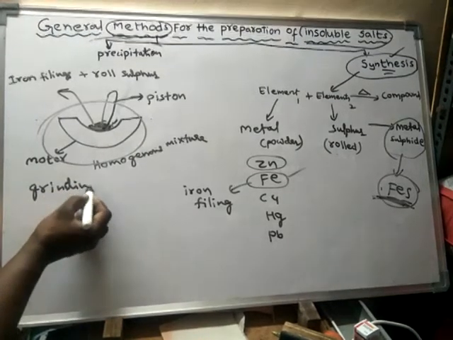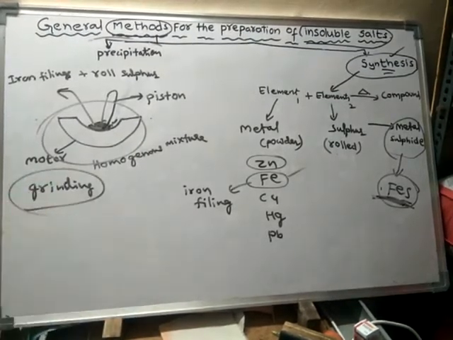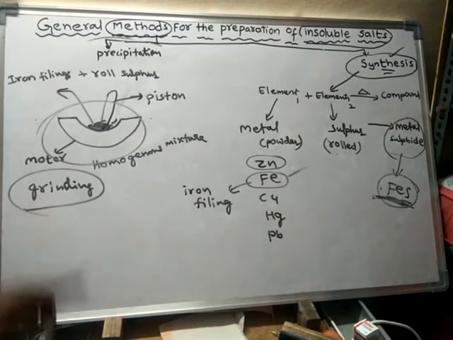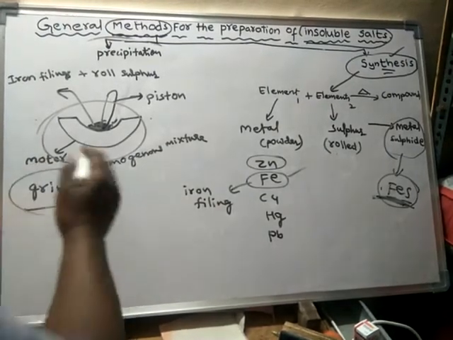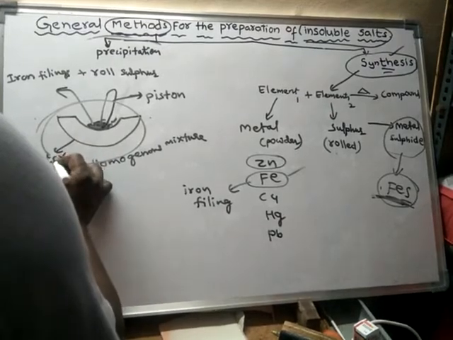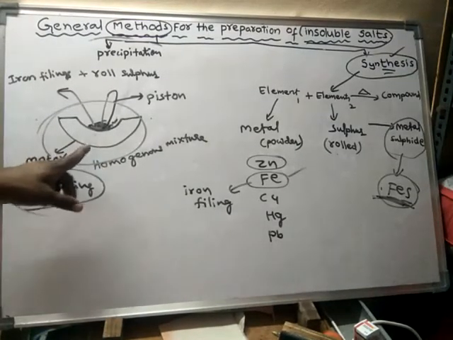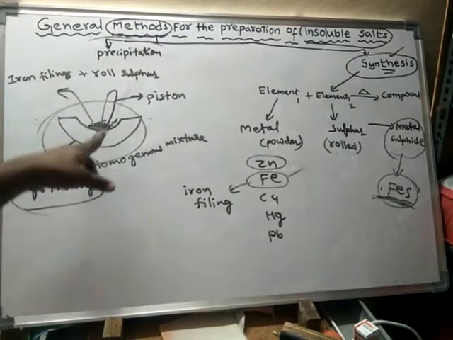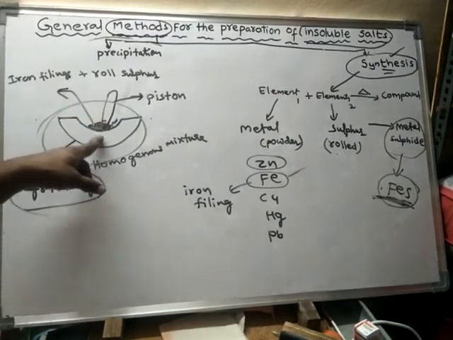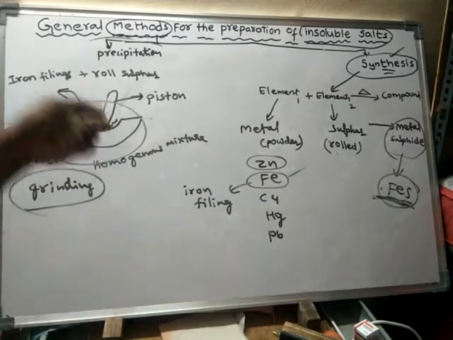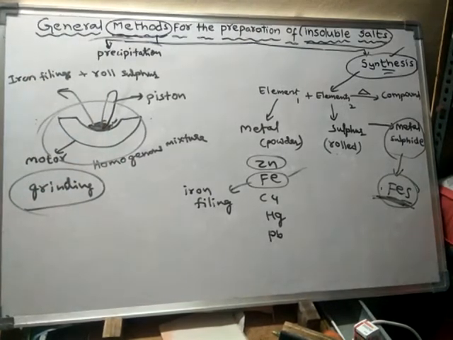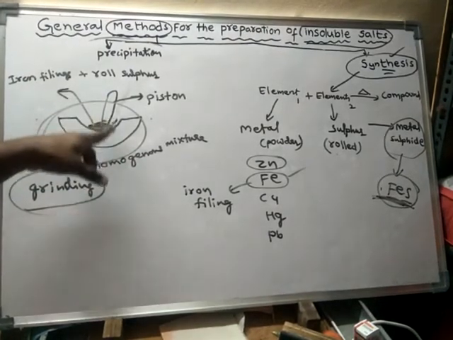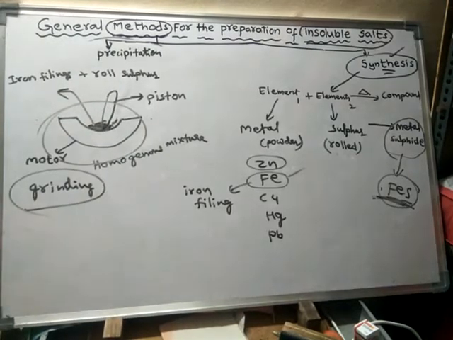For the grinding of chemicals, we generally use apparatus known as a mortar and pestle. They are made of china clay, that is, porcelain materials.